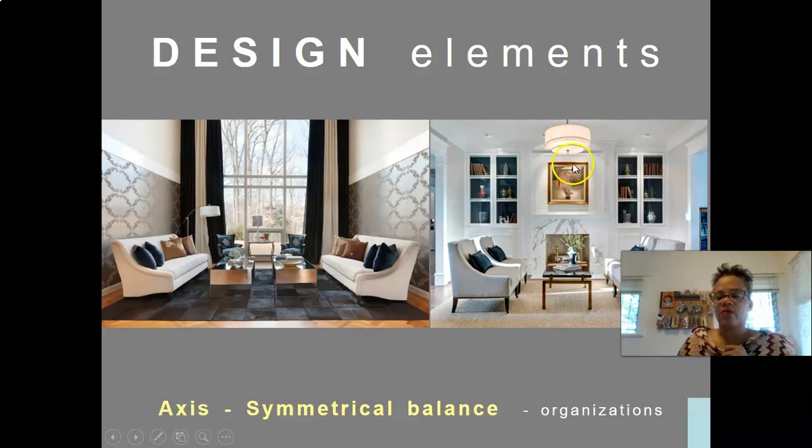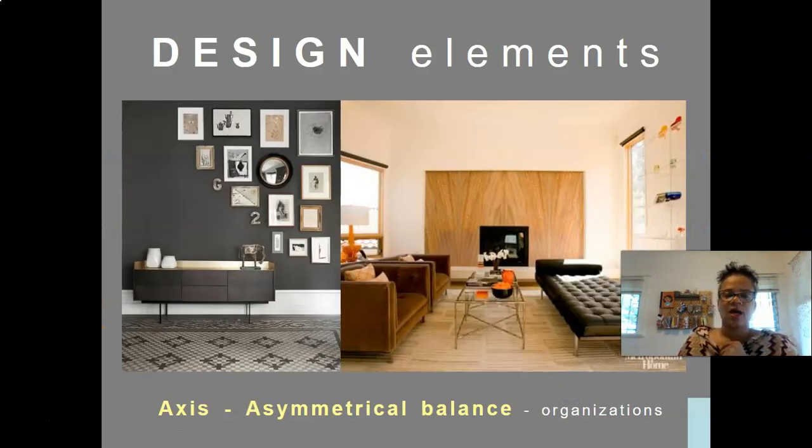If I draw a line right down the center here, fold it, relatively symmetrical. As opposed to here, if I draw the line down, fold it, very different on both sides. And then here, if I fold it, again, very different on each side. So this is considered an asymmetrical balance.